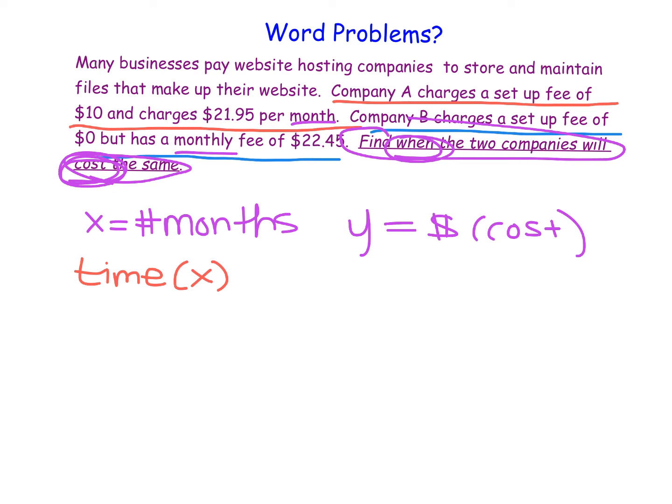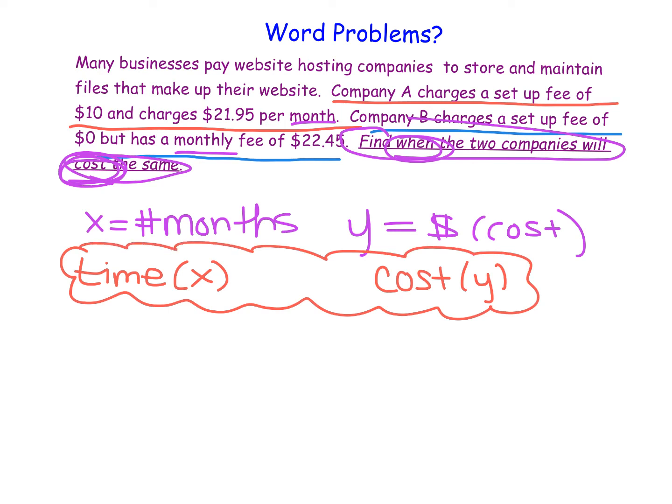You can see that we have number of months that represents time, and as a result, that time needs to be my x variable, which we did in this case. In addition, if you have one single cost as a variable in your word problem, so if there's 2 costs, this doesn't apply, but if there's only one variable that represents cost, that is typically represented by the y value in your situation. So kind of keep that in mind. These are common in how we define variables, especially when time and cost are both involved in the same problem.